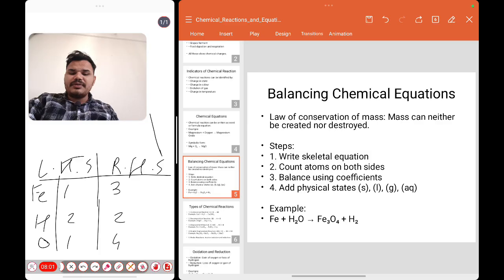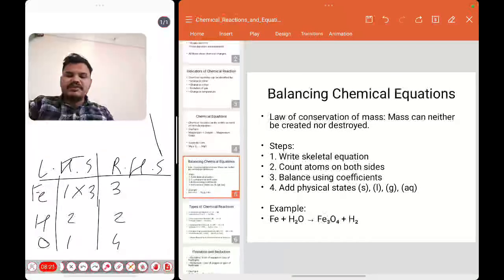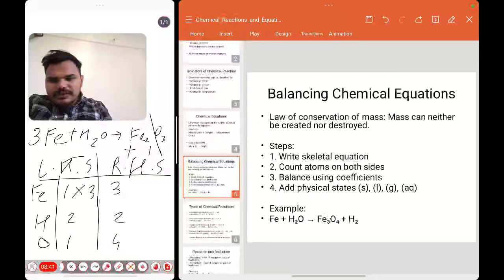Here it is Fe3 on this side, and here it is Fe. So we write 3 in front of the Fe on the left hand side, and we get thrice Fe, plus H2O, gives Fe3O4 plus H2.